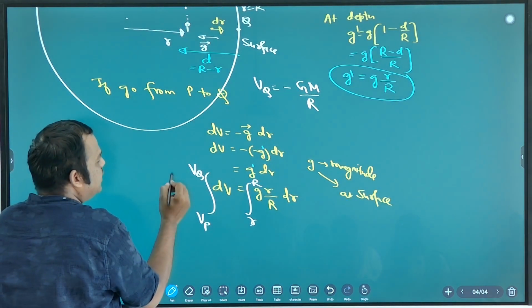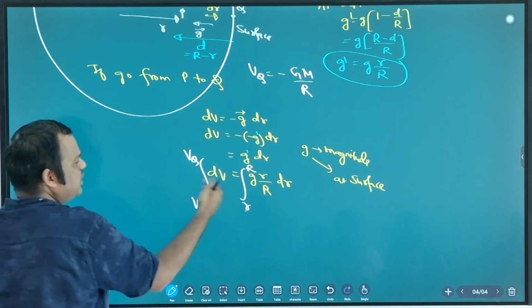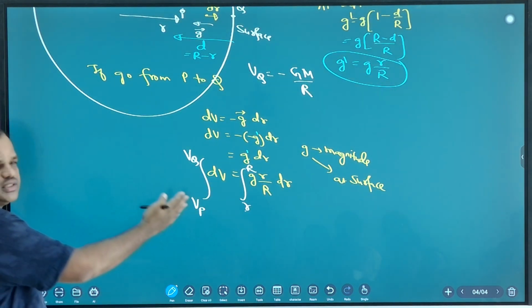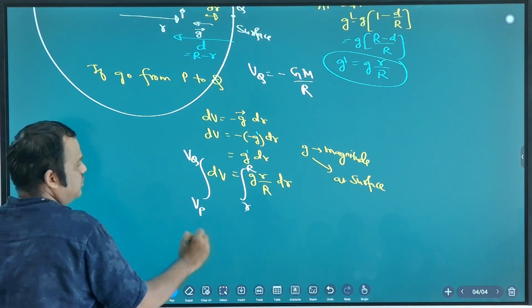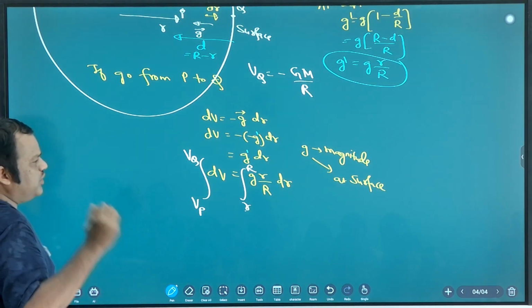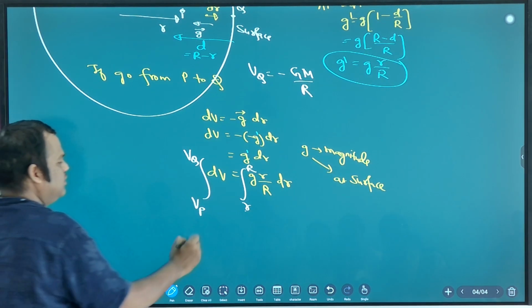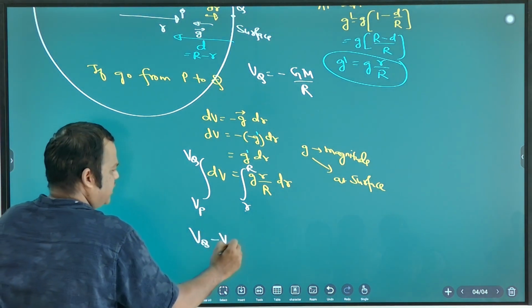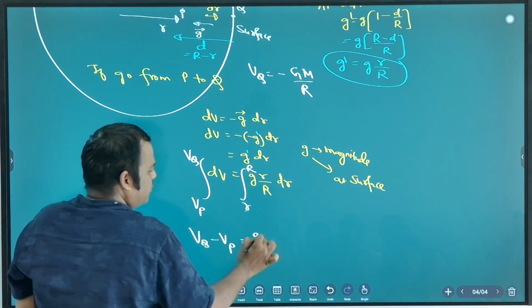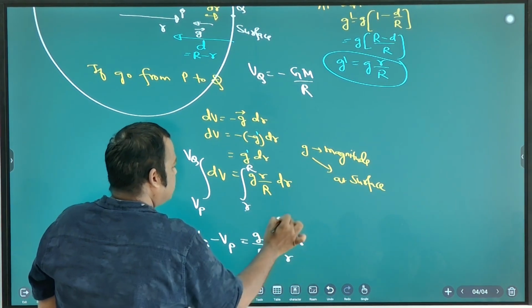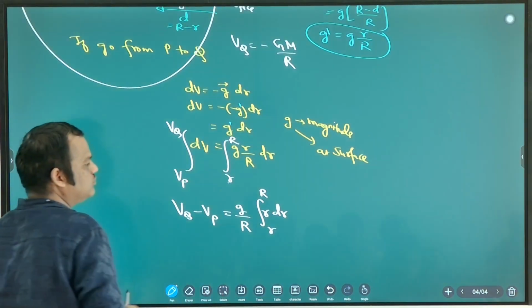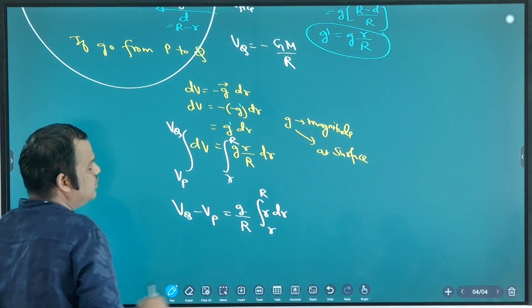Now tell me the left side, what is the integration? Vp minus Vq or Vq minus Vp? Vq minus Vp, very good. Then g by R, r dr integrated from small r to capital R. Do this integration.